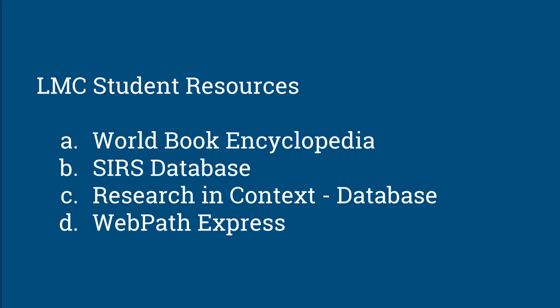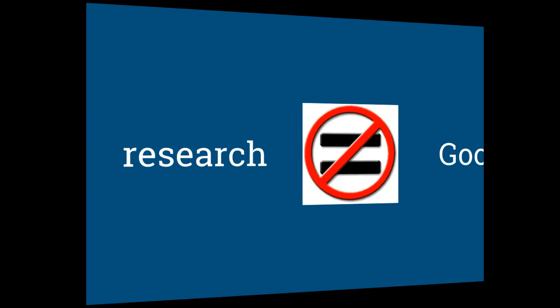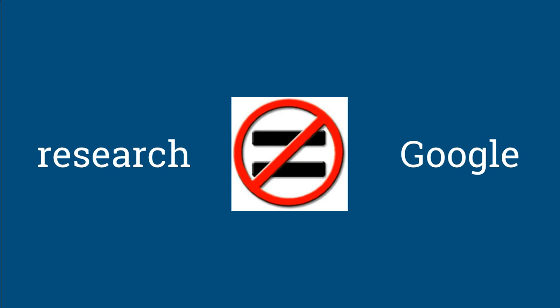The student resources available to you through the LMC are the World Book Encyclopedia, SIRS database, Research in Context, which is also a database, and then the WebPath Express, which would be considered a tool, almost like Google. We want to avoid Google as our first step and take a look at these LMC research databases first, and then if we can't find anything, we'll go to Google as a last resort.